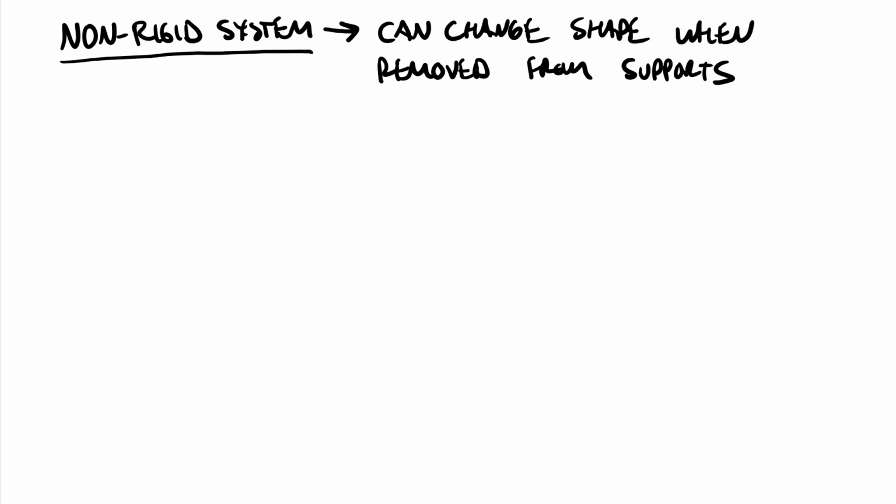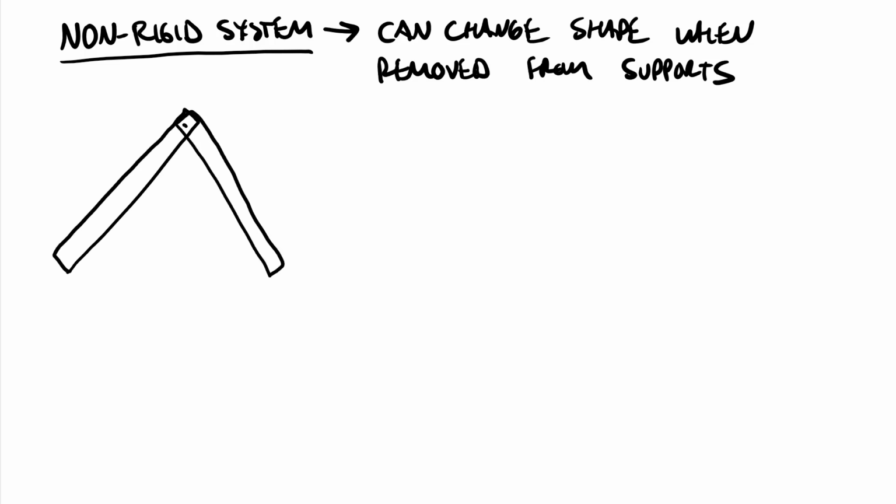So as an example of a non-rigid system, we'll actually create a system that looks very similar to our system above with just kind of one main difference. So still 2 rigid members. Let's go with a pin down here.